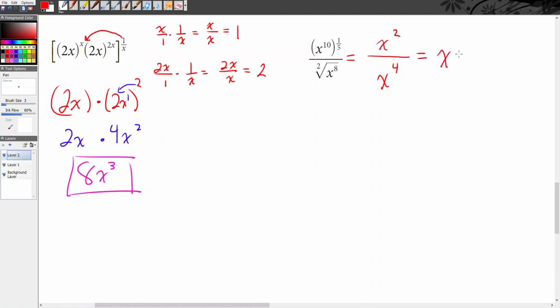So I have x to the negative 2nd power. We cannot leave our negative exponent, so we need to finish this. We get the reciprocal of x to the 2nd power, which is 1 over x squared. And that is our final answer.